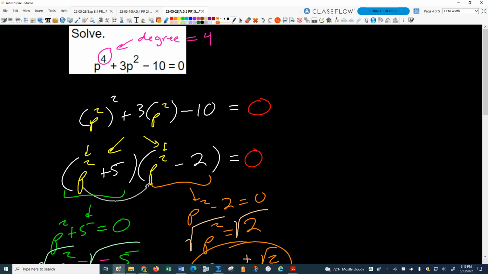Now, if I had a multiplicity bigger than 1, it would count for more than one solution, but I haven't had any like that today. Like if I had an x squared factor, x squared equals 0 when x equals 0, so there's a solution, but it counts as 2 because the x was squared. See what I'm saying? Okay.